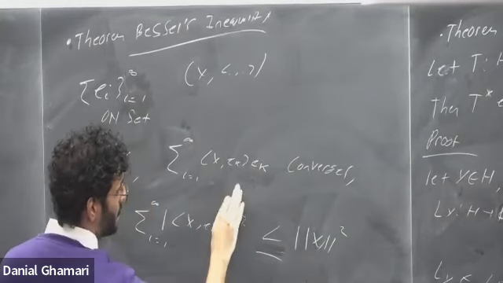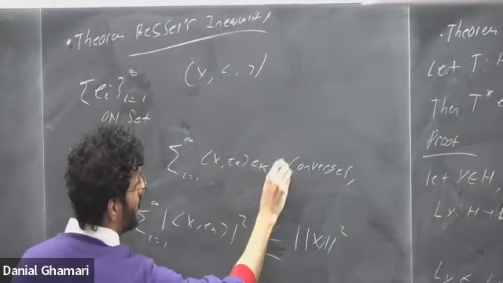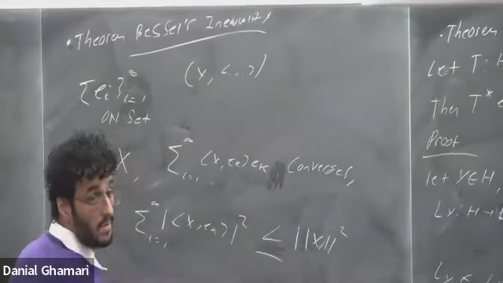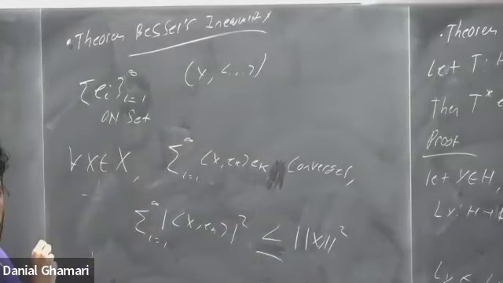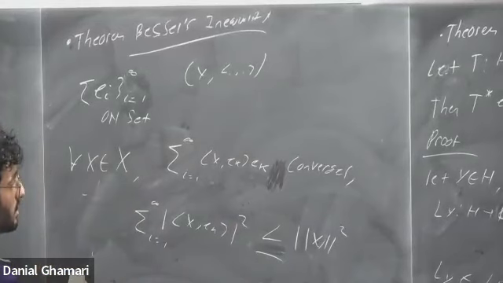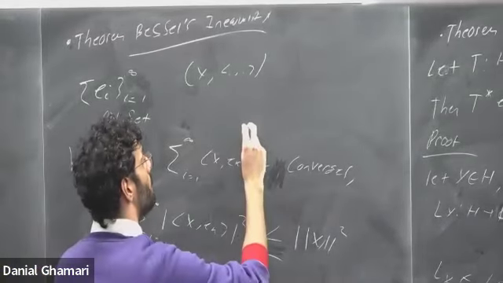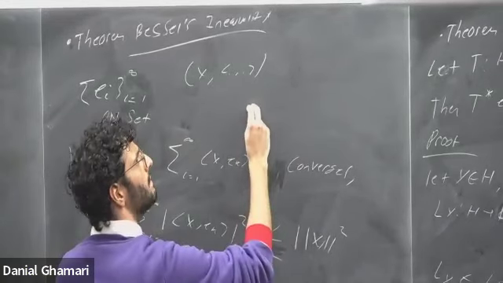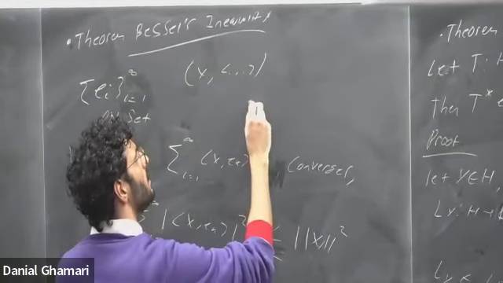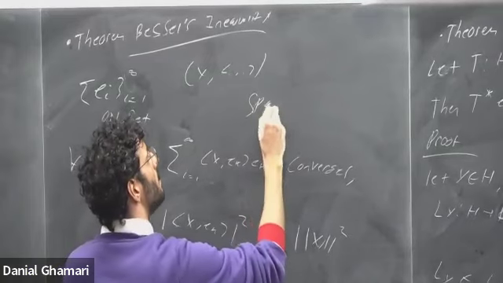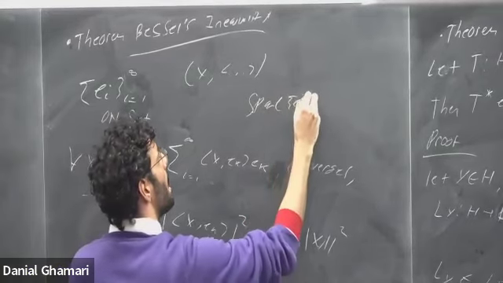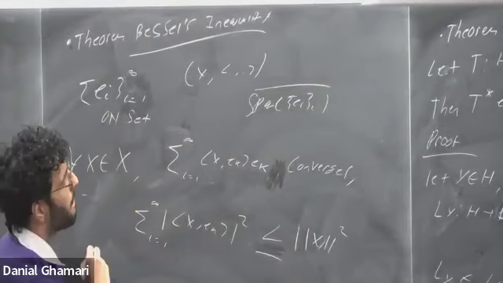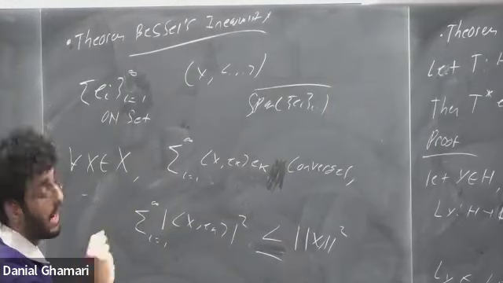Therefore, this doesn't actually equal X. It converges to something, namely the projection of X onto the closure of the span of the set of e_i.